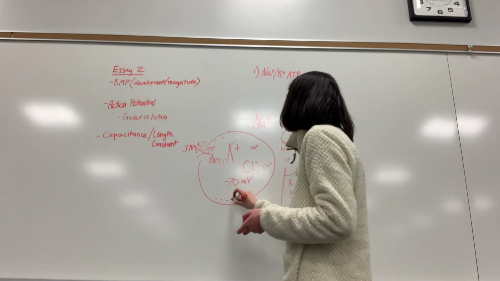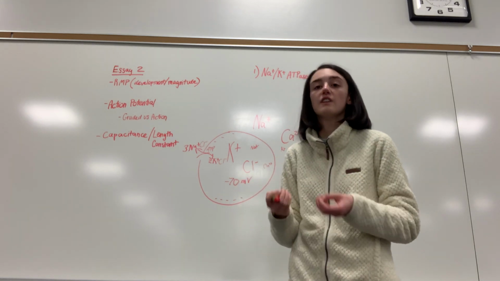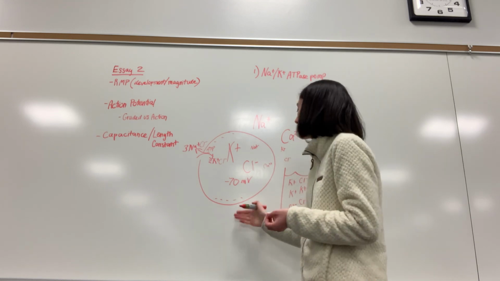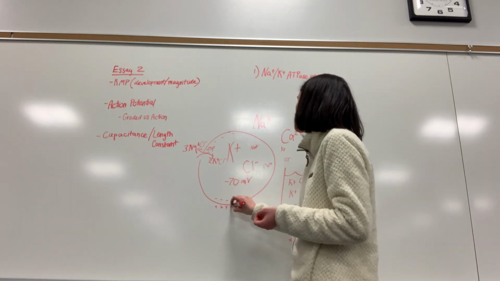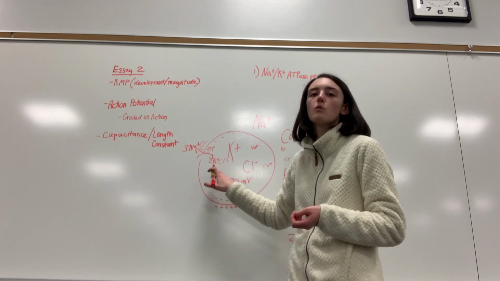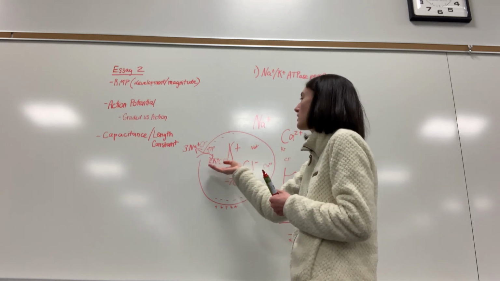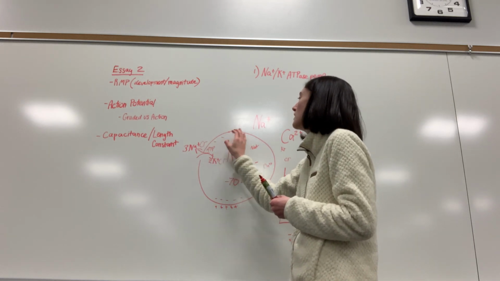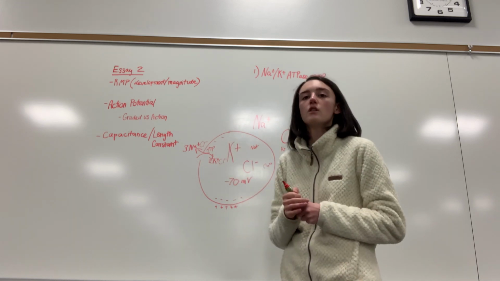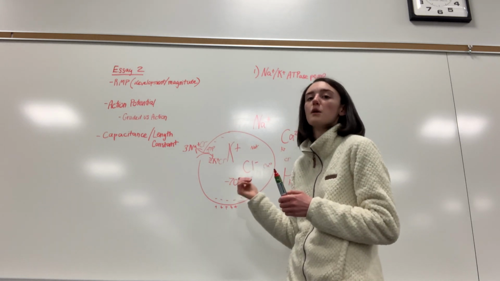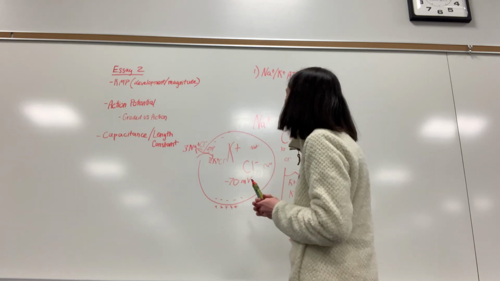By definition, the inside of the cell is going to be more negative and the outside is going to be more positive. And this is one reason why the cell will be more negative, is because we are having a net loss of one negative charge, which is why the cell becomes less negative.